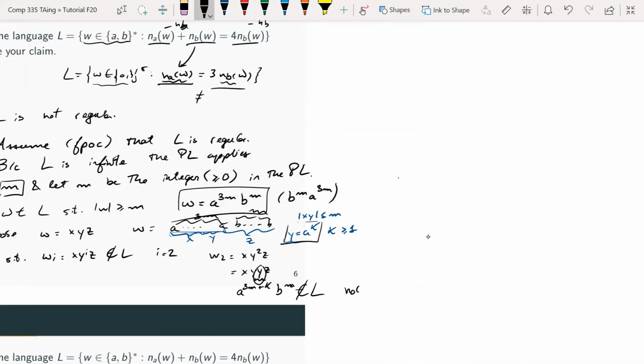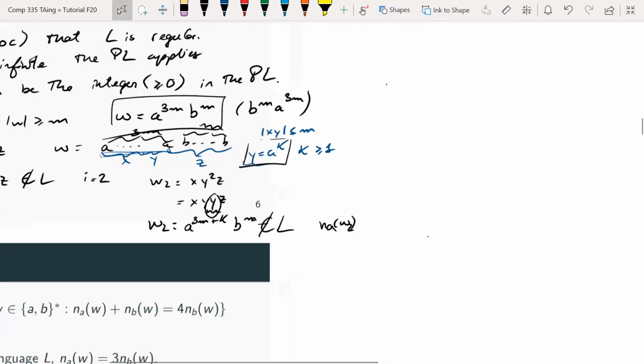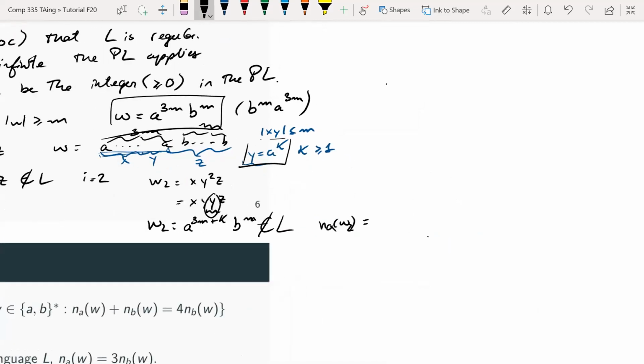Well, if you take the number of A's in W^2, I know that this is 3M plus K, right? And because K is greater than or equal to 1, I know that this is strictly greater than 3M. And I know that 3M is 3 times the number of B's.